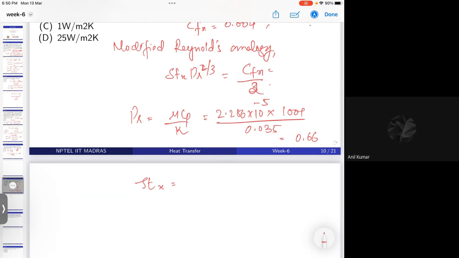So Reynolds into Prandtl number. No, no, that's not Stanton number. That is Nusselt number divided by Reynolds number into Prandtl number. Reynolds number into Prandtl number is Peclet number. Okay. But that I reduced to this Hx form. Do you remember what is that form?